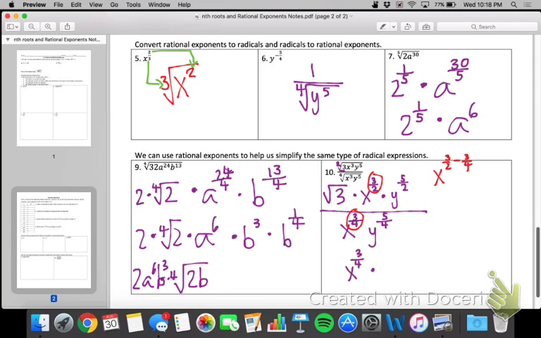And similarly, to get my new y, I do y to the power of 5 halves minus 5/4. And that actually also comes out to y to the 5/4.